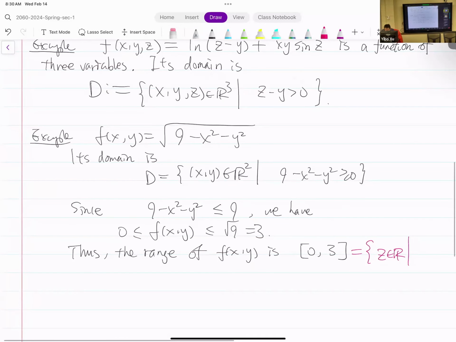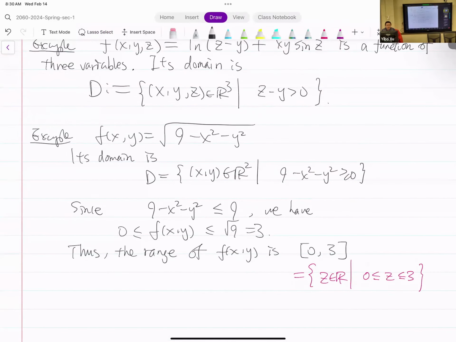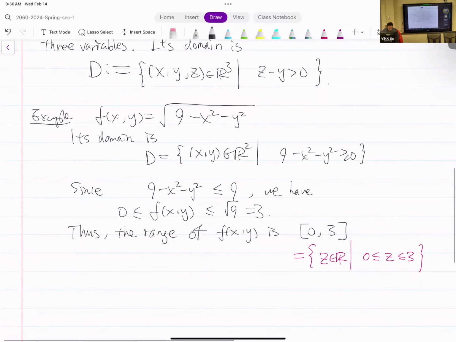So this is exactly all the real numbers z on the real line between 0 and 3, including the endpoints. Any questions so far? Okay, so you can see the domain and the range are really highly related to univariate functions, right?